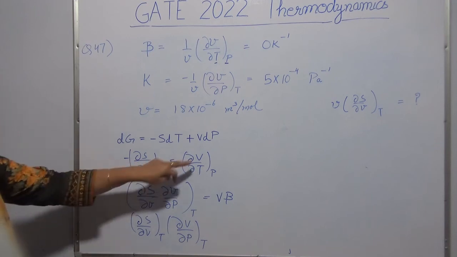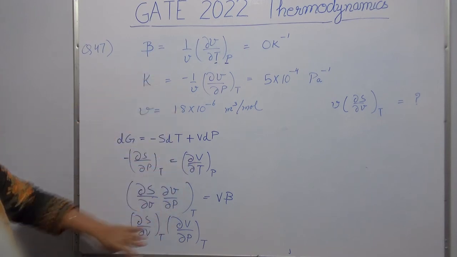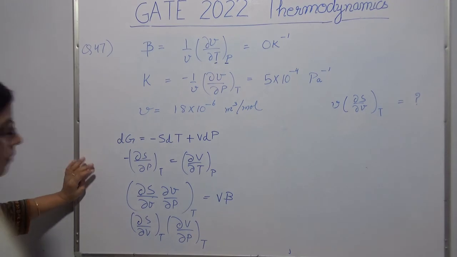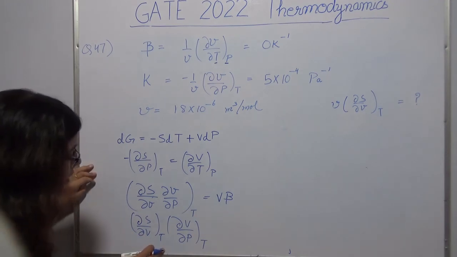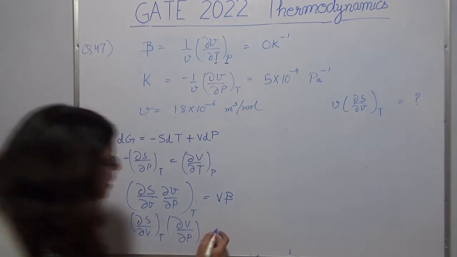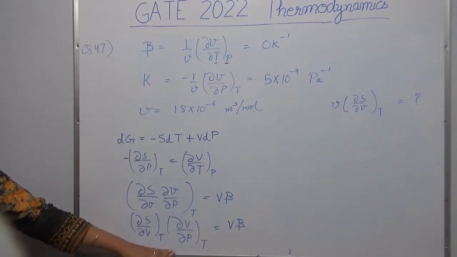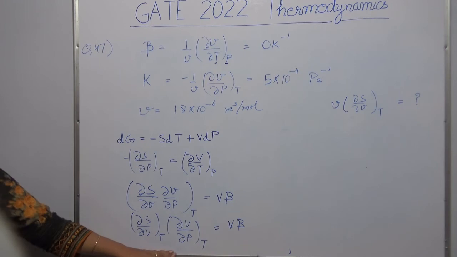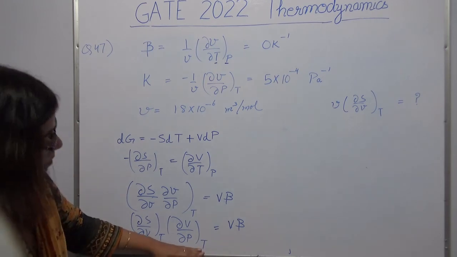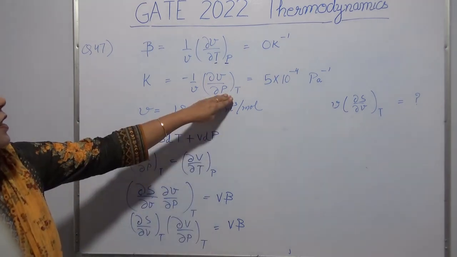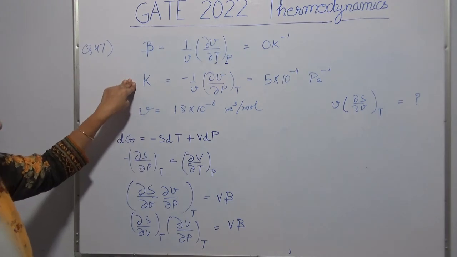Don't mind if I am using small v or capital V, essentially I mean the same. So del S by del V at constant T into del V by del P at constant T is equal to V times beta. Now take a close look at this equation. Del V by del P at constant T is nothing but minus V times kappa.